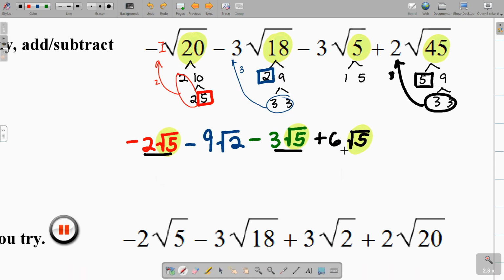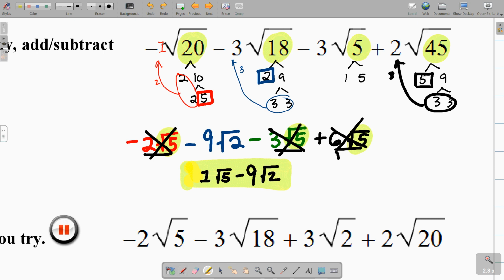Step 2, factor and simplify. Step 3 is we collect like radicals. Now take what you just learned and put it to practice right there. Pause the video, do that on your own.